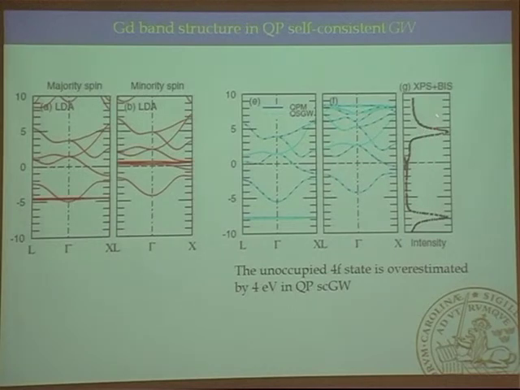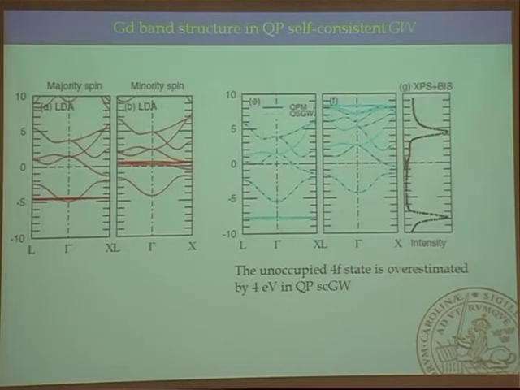Now, experimentally, it's like this. These are supposed to be from the f states. You see that the position of the occupied 4f state is much lower compared to LDA, as you might expect. But also the unoccupied part is pushed up very high. So what happens when we do self-consistent GW? Actually, it is not so bad. You can get the correct description for the occupied parts. But the unoccupied 4f states, not very clear, but somewhere here, are much higher compared to the experiment.